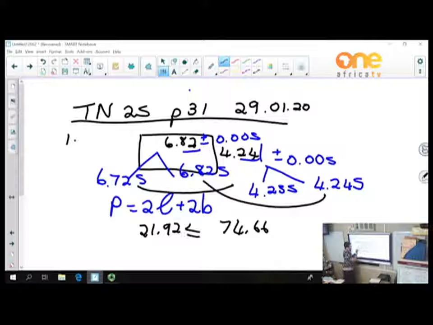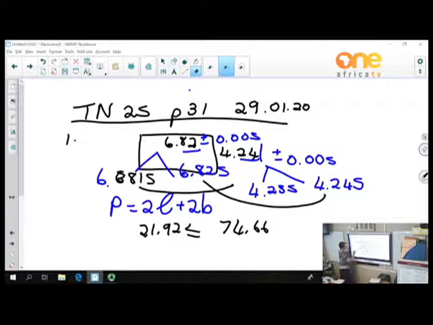Okay, what do you get? 21.92. I added the 2 and multiplied by 2. Lower, lower. And then upper, upper, 6.825, and this one is then 6.815. That's right.